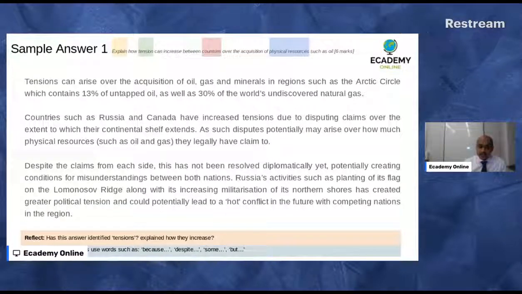But with that aside, this particular paragraph is showing evidence of potential conflicts increasing because of the activities of one, or potentially, in your answer, you could put two countries, and what activities they're doing that are creating or stoking future disputes in the world ahead, right?